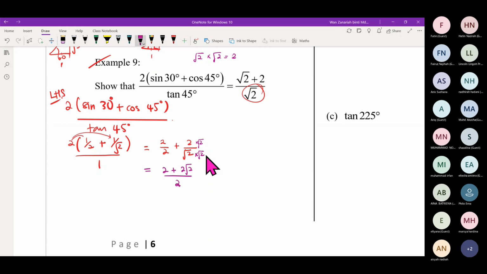Okay, tapi sekarang soalan root pula. Okay, lagi any idea? Dia nak root 2 tak apalah.